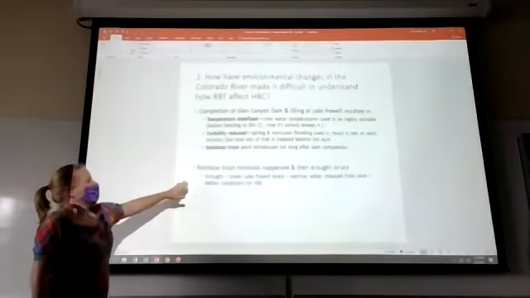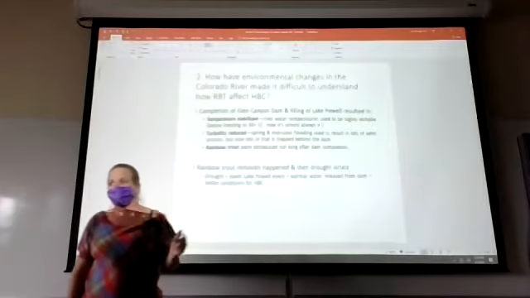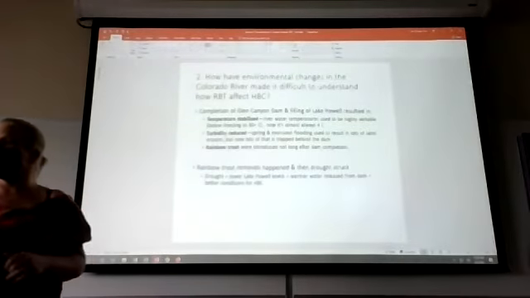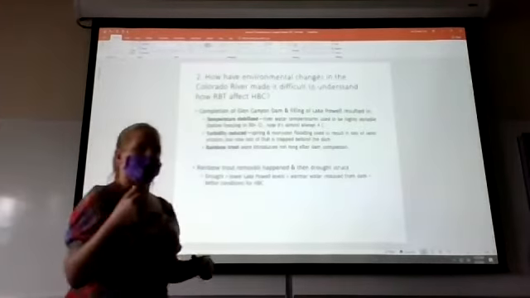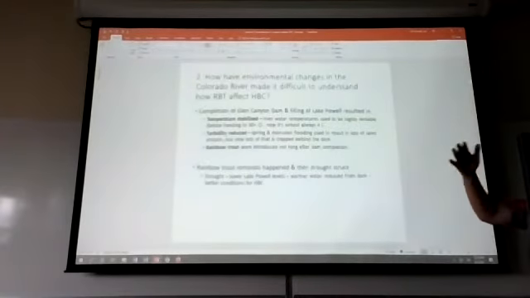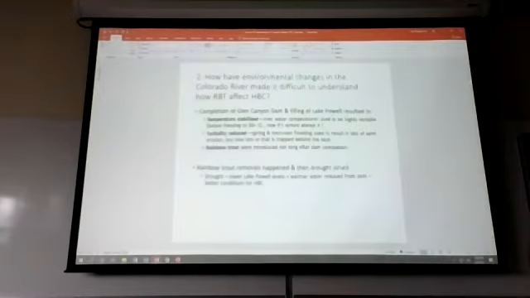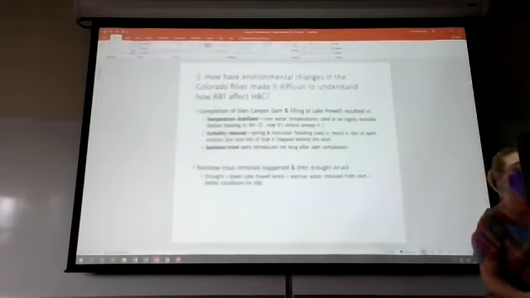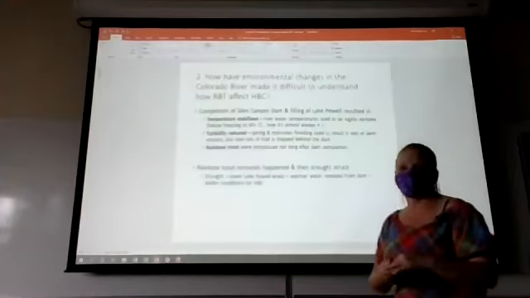But as the trout removals were happening, that's when we saw this uptick in climate change. That's when we started to see the water level start to go down, and the humpback chub need warm water for their breeding season.